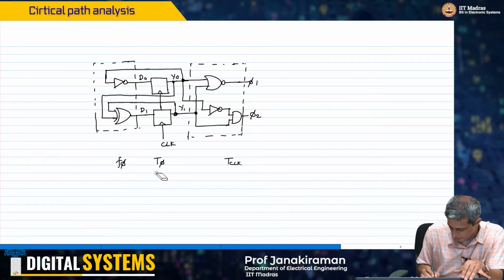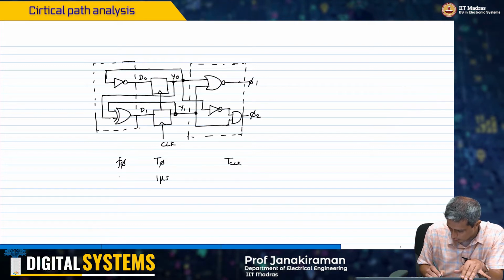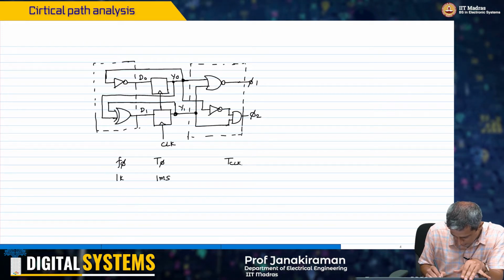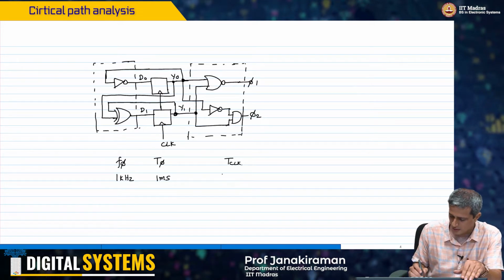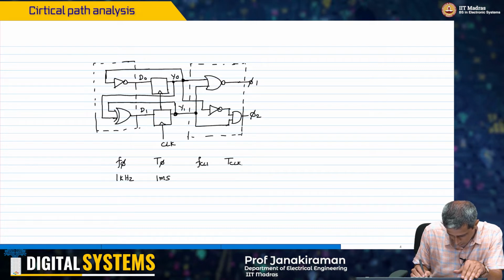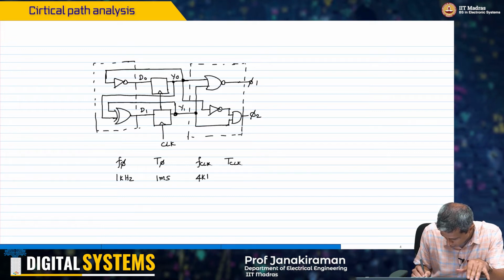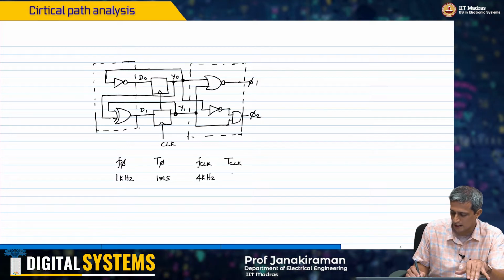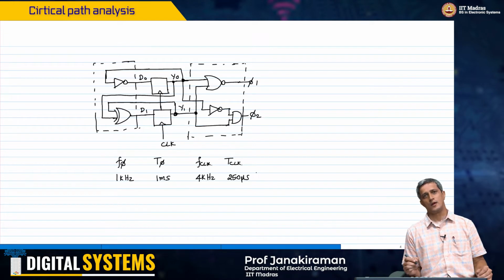If this is 1 millisecond, then this is 1 kilohertz. Then I know that f clock has to be 4 times that frequency, and therefore it has to be 4 kilohertz. T clock therefore has to be 1/4 of a millisecond, which is 250 microseconds.